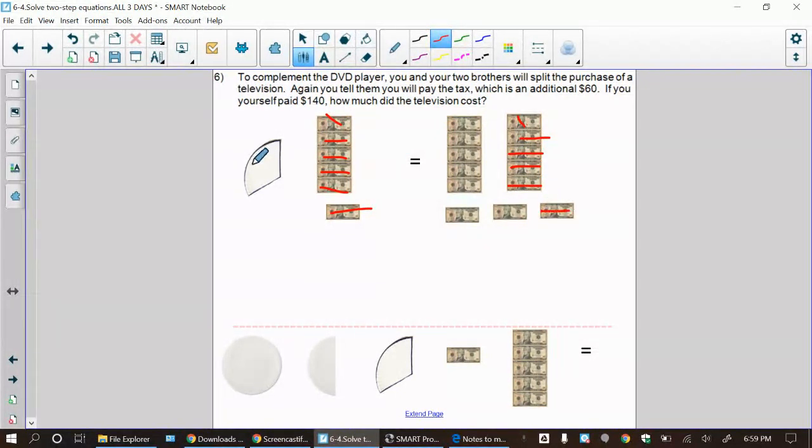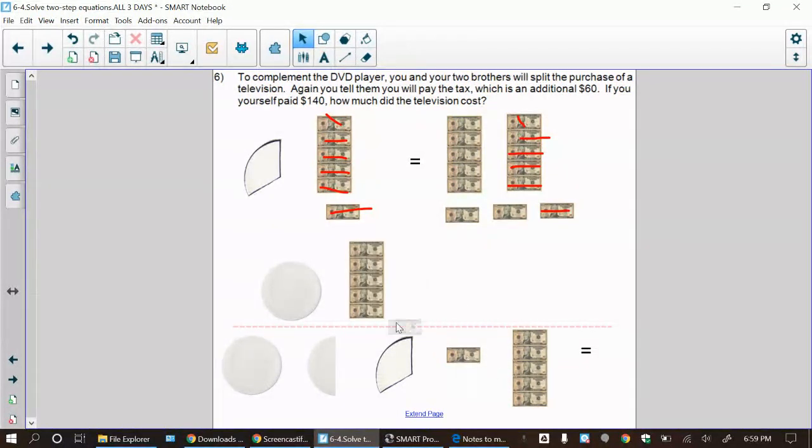So that means this 1/3 of the television costs 10, 20, 30, 40, 50, 60, 70. That's 1/3. So how much then would it be for the whole pizza? Well, if you have 70 3 times, what do we get?